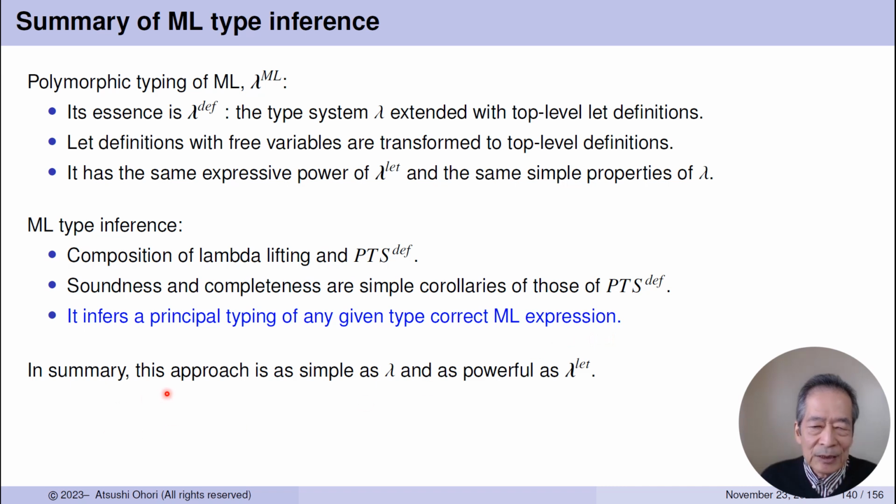So in summary, this approach is as simple as the simply typed lambda calculus and as powerful as the Damas-Milner system. This is a summary of the ML type inference we have studied so far.